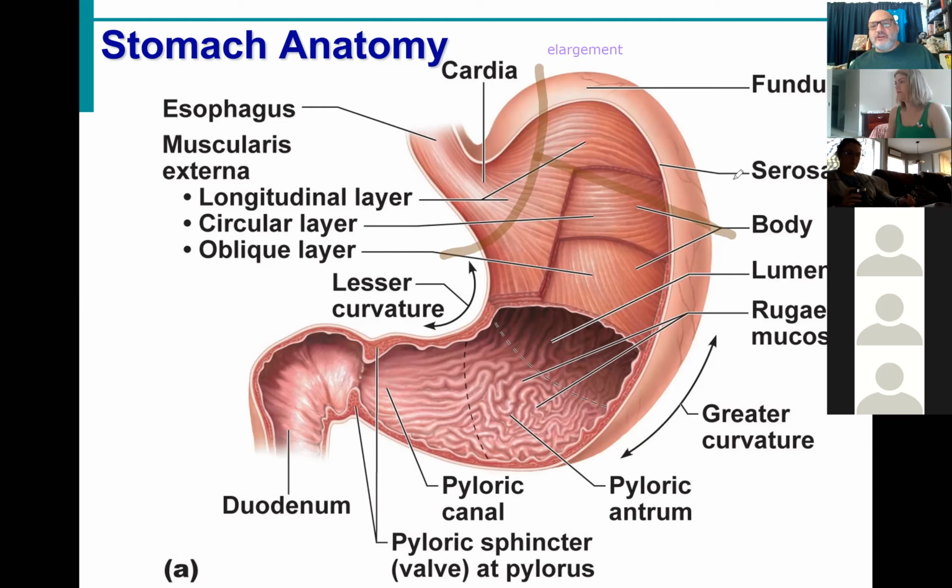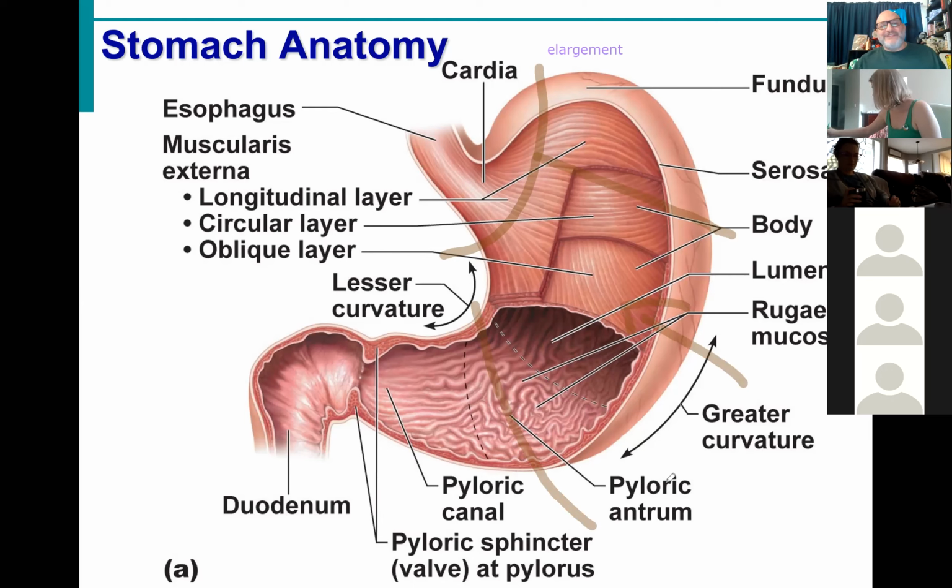So this big, huge enlargement that reaches out, that sticks out, is the fundal region or fundus. It narrows at the end to a region called the pyloric region. And this funnel-shaped, highly muscularized pyloric region is where it funnels into the small intestine. And basically everything else in between is known as the body.